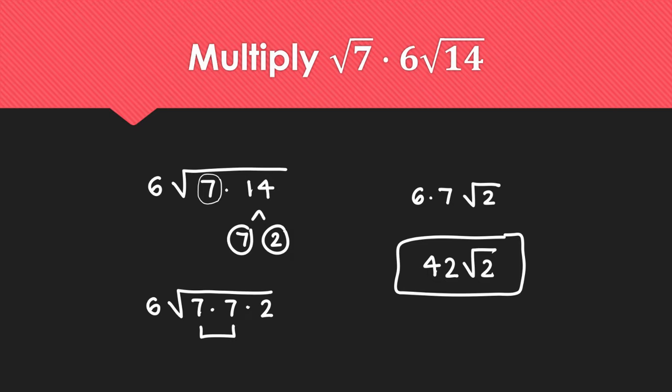It's not going to be able to get broken down because it's a prime number. 14 is 7 times 2. So notice that 7, 7, and 2 are under that square root, and there's only one number that started outside, which was the 6. So I get to move the 7 outside because there's one pair. 6 times 7 is 42, and the only number that didn't pair stays under the square root. So 42 root 2 is my answer.